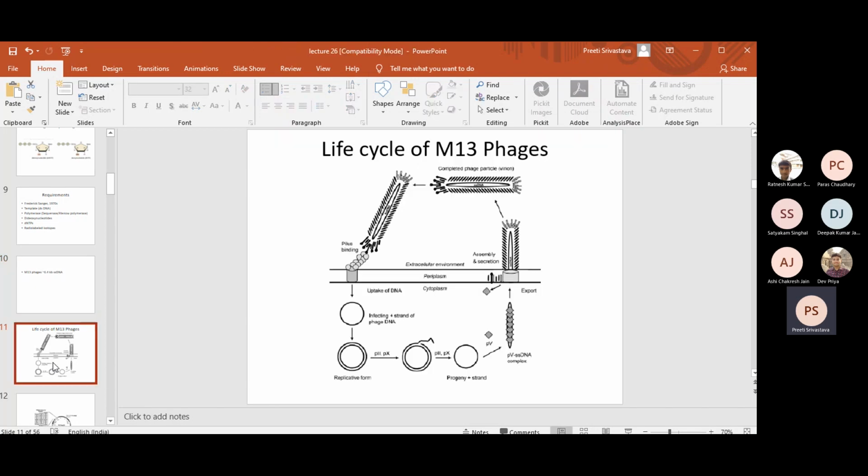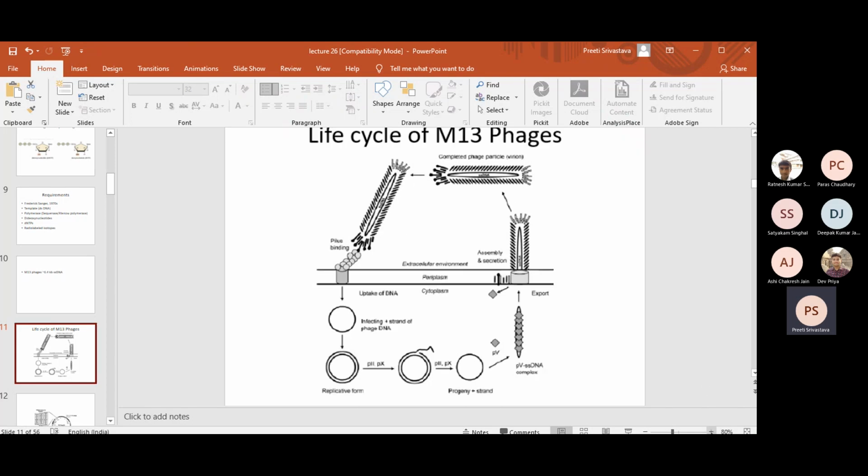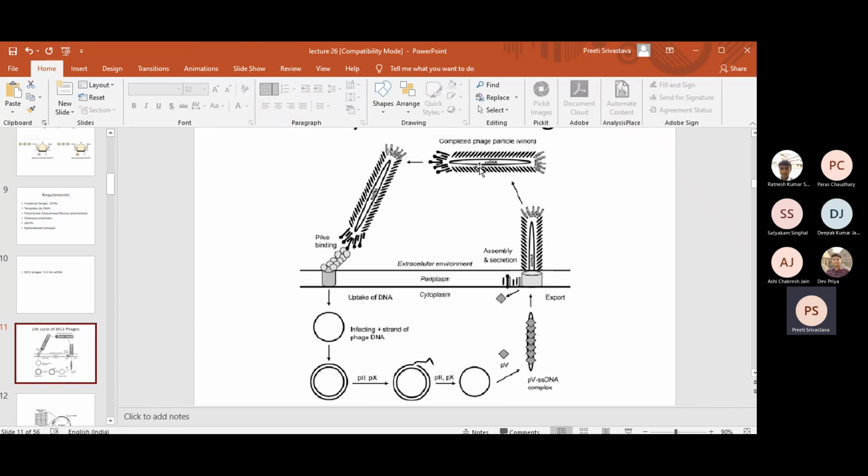If you see the life cycle of M13 phage, this is how the structure of M13 phage looks. As we discussed in yesterday's class, it is a filamentous phage. The proteins which are surrounding, which appear like fish scales, are all coat proteins.